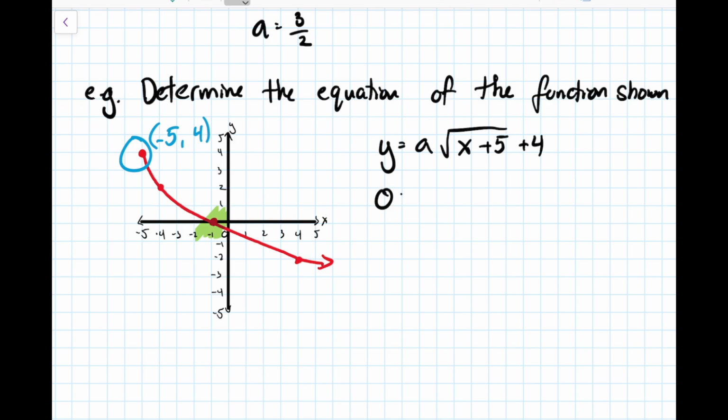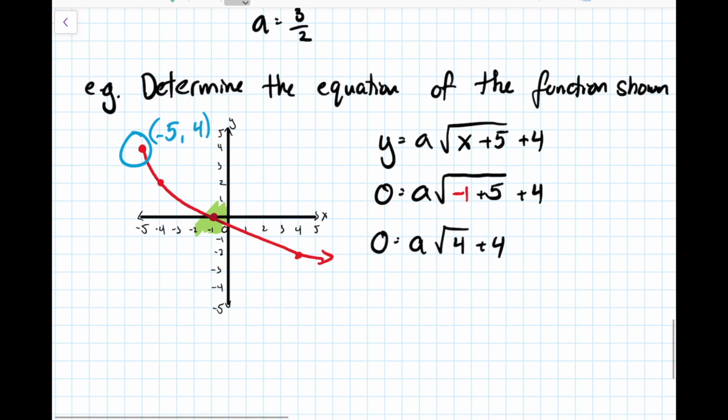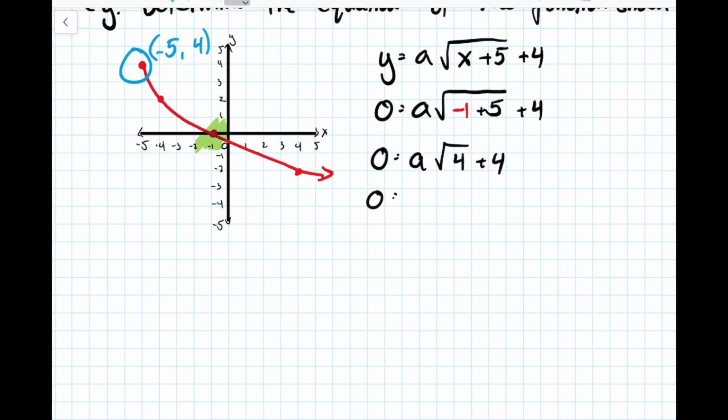So my y value is 0, and I've got a, my x value is -1, plus 5, and then plus 4. So -1 plus 5 gets me positive 4. The square root of 4 is 2. And that gets me here. So we now need to solve this.